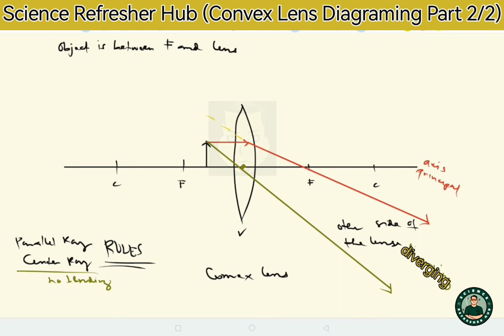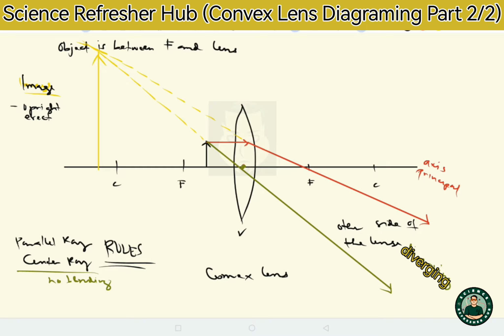Just like this, trace it, and then trace this one also until these two meet at some point here, and that is where you can put your image. Wow, the image formed here is upright or erect, right?